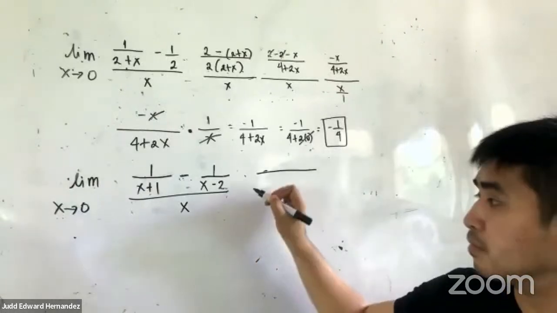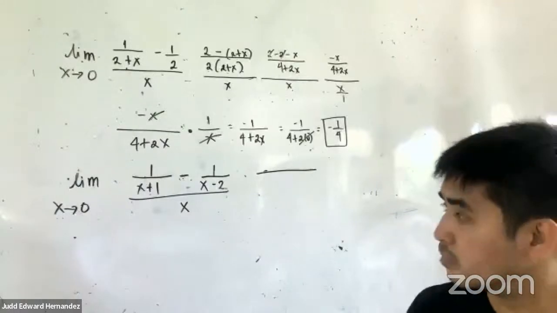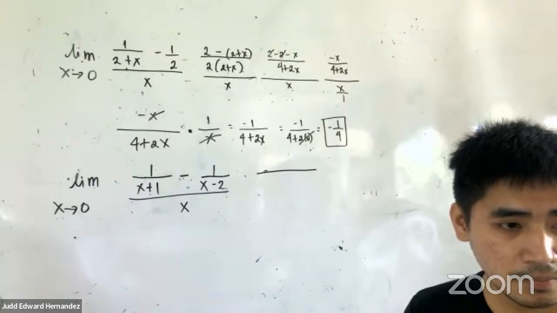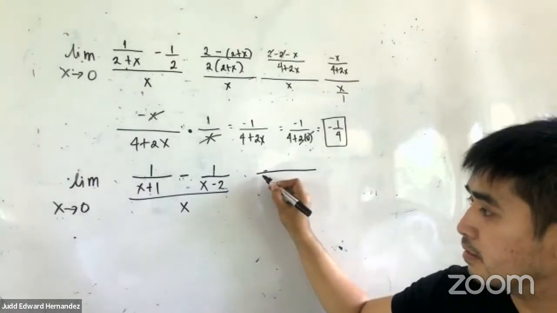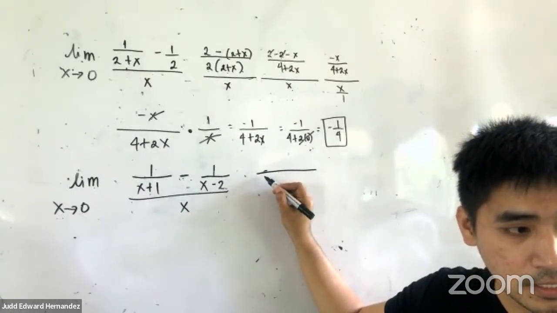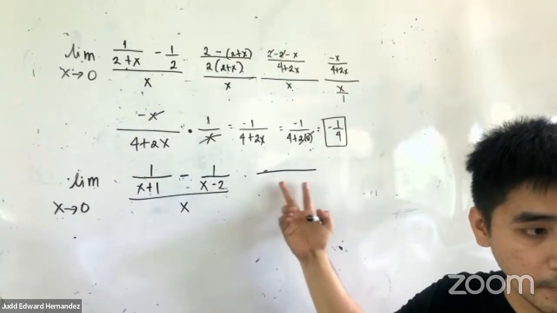X squared minus x minus 2 po. Ay, ito pala. LCD. Ayan. What will be the LCD for this one? Ano yung dapat na two factors na nandito sa ilalim?